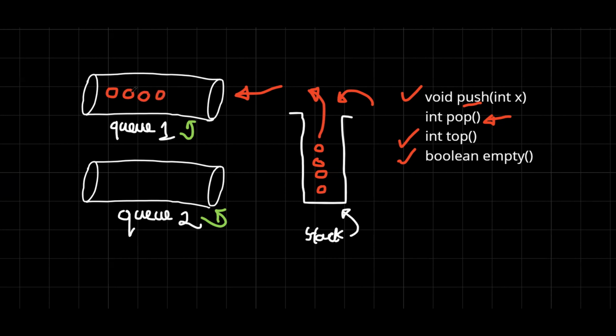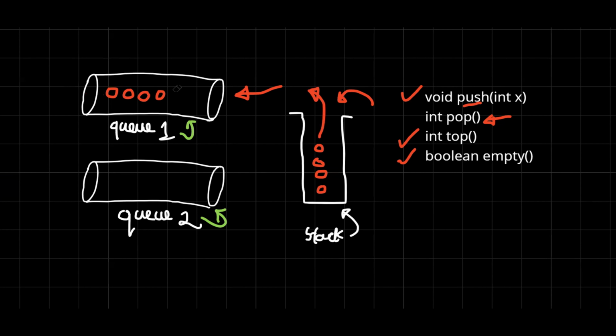Now, if we want to remove any element from the queue, the first element which was pushed should be removed first. So the queue follows the first in, first out manner, which is FIFO, and the stack follows the last in, first out manner, which is LIFO.